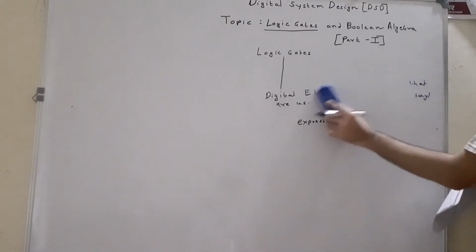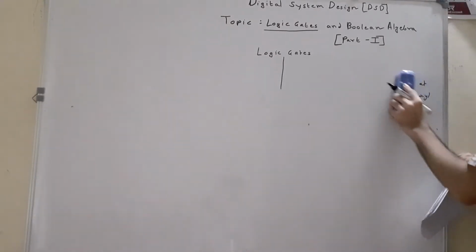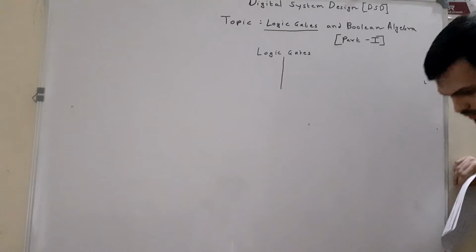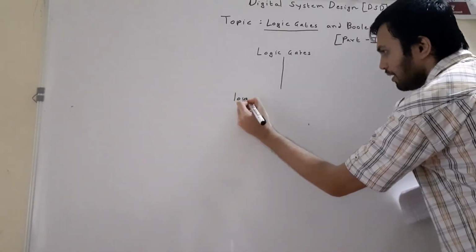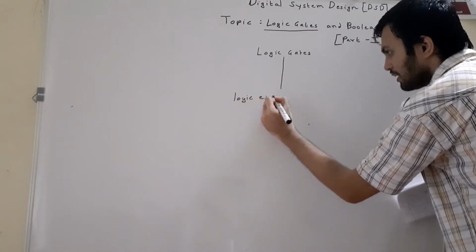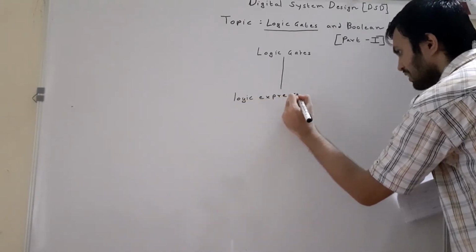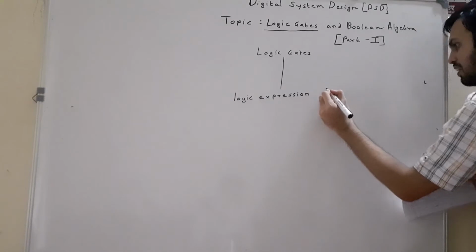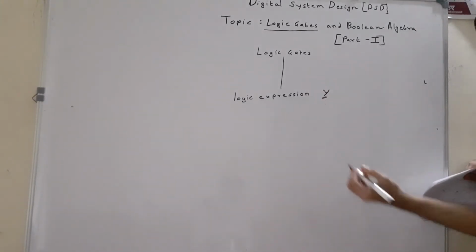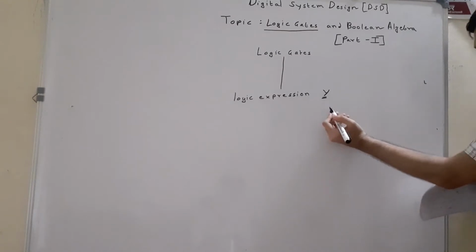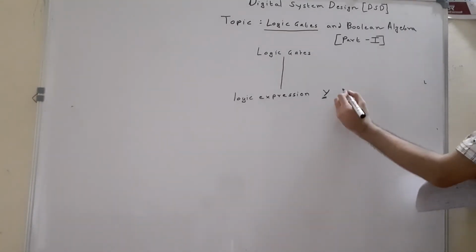So let's say, for example, this is a logic expression. For example, I am taking y, the output variable which represents the output of this logic expression or Boolean expression.